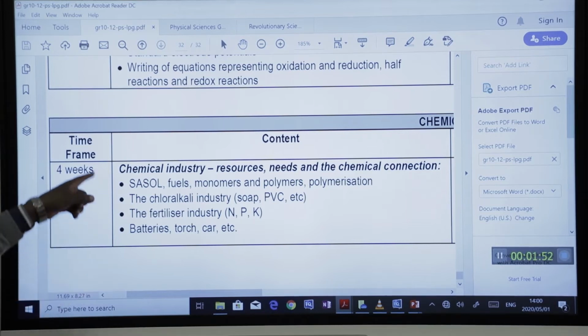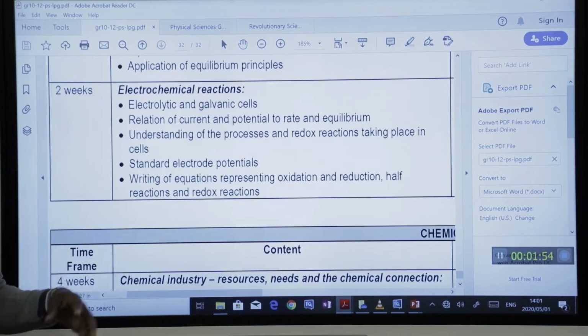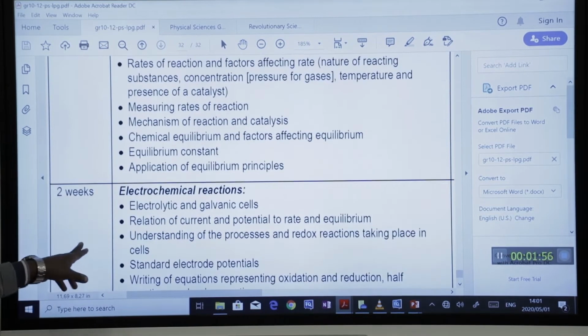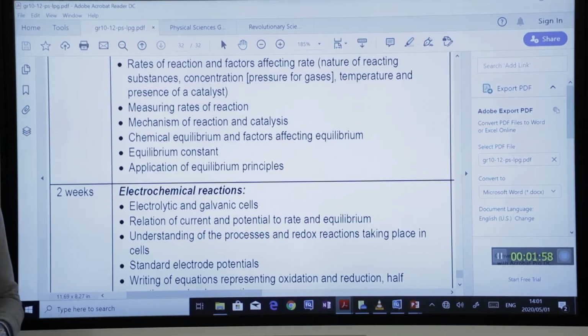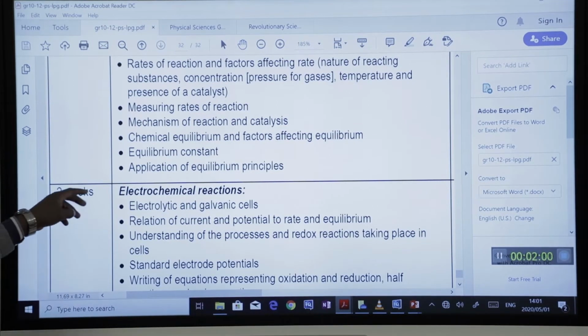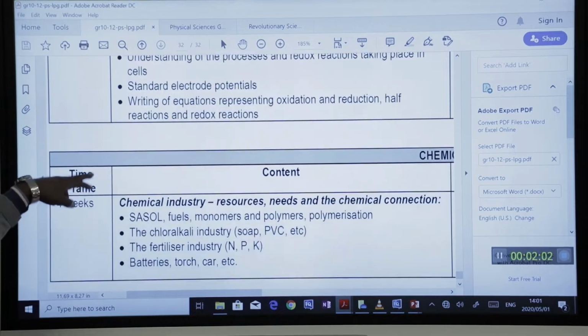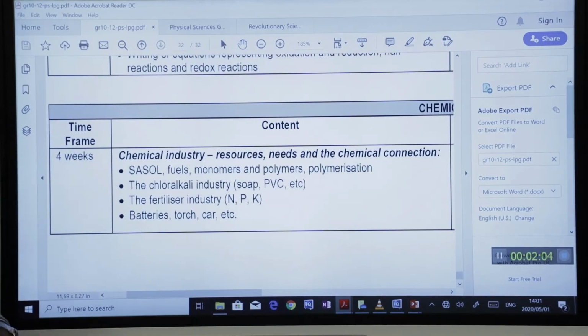You can also do electroplating and also break down compounds by electrolysis in mining, where you can do purification of mineral ores using electrolysis.